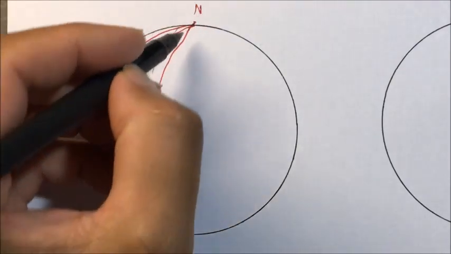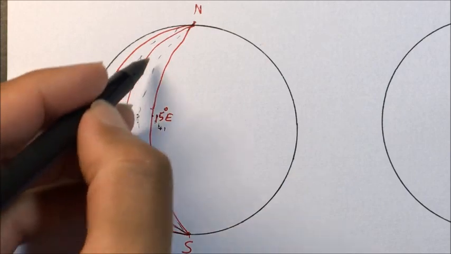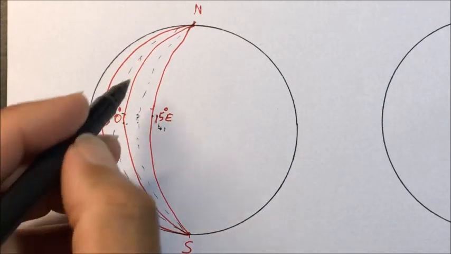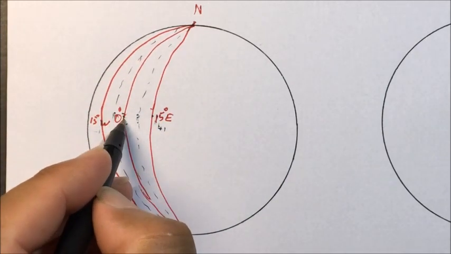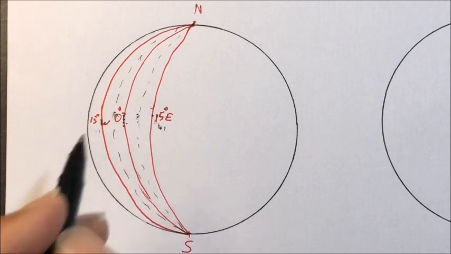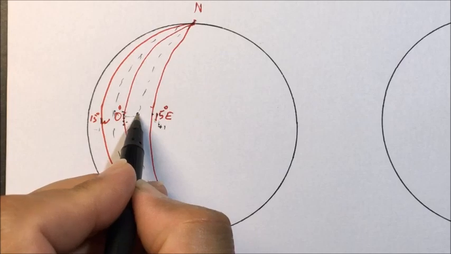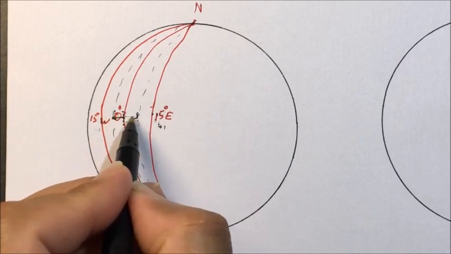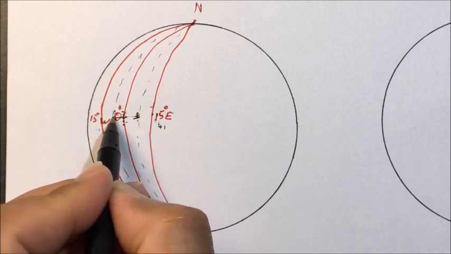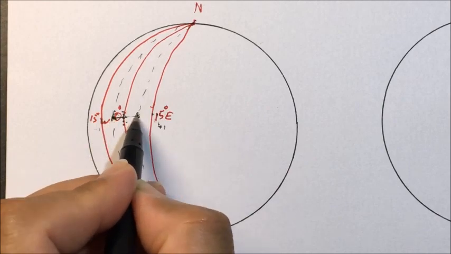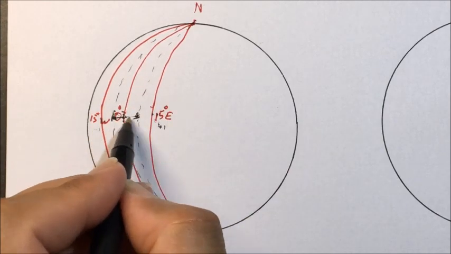So on Earth, this 0 degree longitude, the Greenwich meridian, we have taken as the standard for time, that is Greenwich Mean Time. This zone extends 7.5 degrees on the east side and 7.5 degrees on the west side. All places lying in between these two will have the same time.